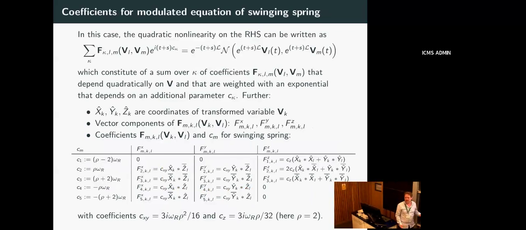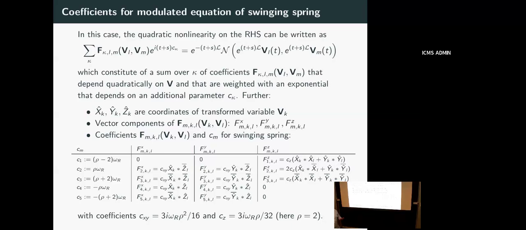The take-home message from this page is that the swinging spring ODE can be represented as we like it. Every time you see these coefficients, they are just the nonlinear terms, these two quantities, the two velocities, and these coefficients tell us that this is a different term of the higher-order representation of the nonlinear term. These are just some coefficients that we need to represent the swinging spring ODE.